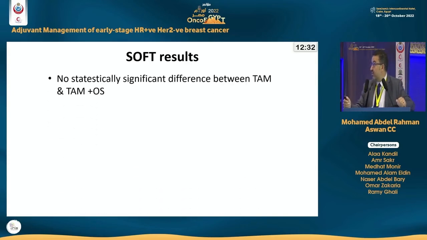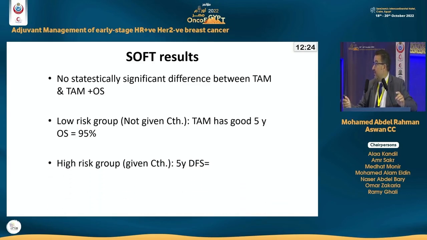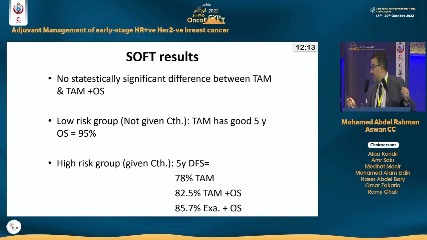In the SOFT trial, it was a negative trial, with no statistically significant difference between tamoxifen versus tamoxifen plus ovarian suppression. But in patients given chemotherapy, we see a benefit for addition of ovarian suppression to tamoxifen and to exemestane over tamoxifen alone. And if you add ovarian suppression, it is better to give it with exemestane rather than tamoxifen.